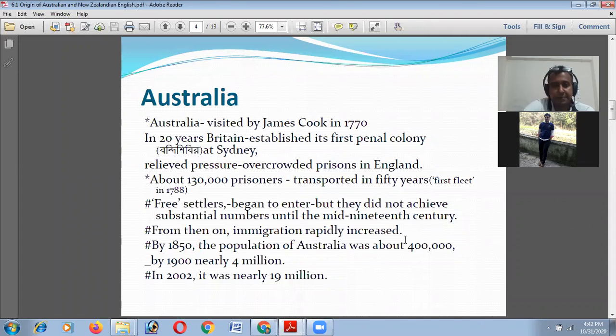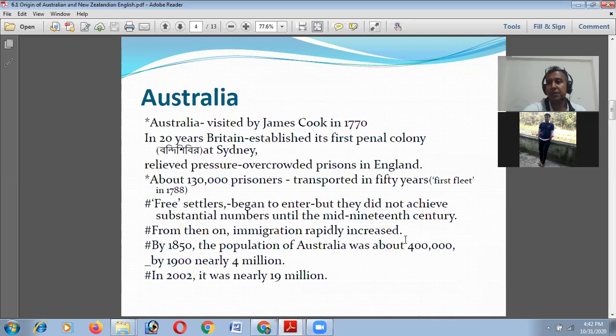And apart from that, free settlers began to enter, but they didn't achieve substantial numbers until the mid-19th century. So within 50 years, that means 1770, then 1790, the first British penal colony in Australia. Within 50 years, 130,000 prisoners were shifted from Britain to Australia.